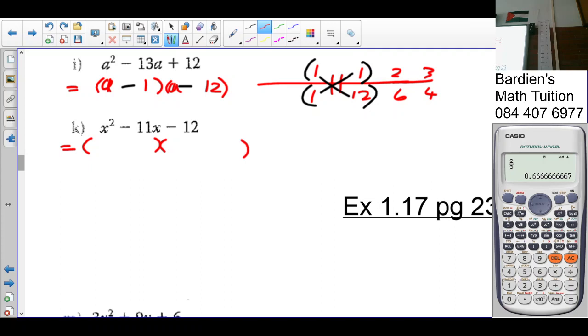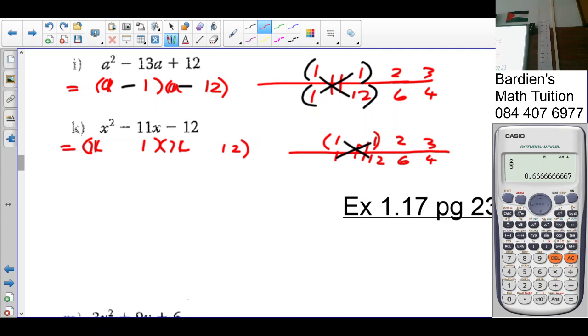What about the product line here? 1 and 1. For 12, 1 and 12, 2 and 6, 3 and 4. Do we add or subtract our products? Subtract. Why? Because the last term is negative. 1 times 12 is 12, 1 times 1 is 1. 12 minus 1 is 11. So it's a 1 and a 1, a 1 and a 12. There's x squared, so there goes the x and an x.